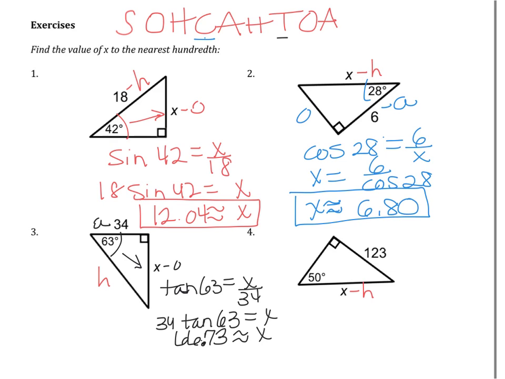And last but not least, number 4 here. My angle is 50. The hypotenuse is what I'm looking for, and it's the opposite that I'm given. So that deals with the sine function. So sine of 50 is equal to 123 over the hypotenuse x. Again, x is in the denominator, so I'm going to go ahead and switch x with sine of 50.